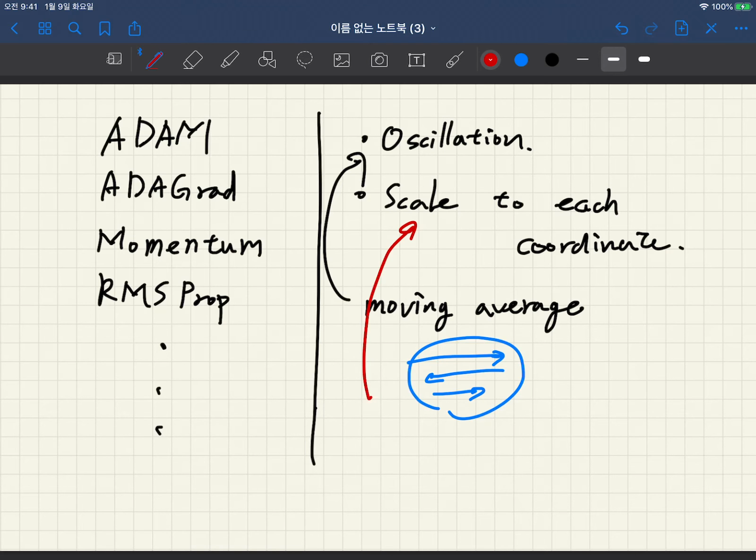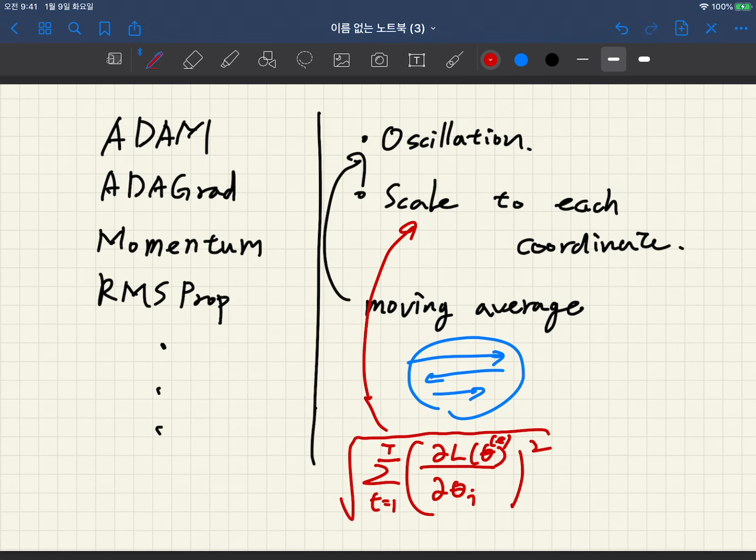For the scale of each coordinate, they usually compute the scale of the partial derivative and take some average, so that we can know the gradient scale for each coordinate, and then divide each partial derivative by the square root of the sum of the squares of the partial derivatives, something like this.